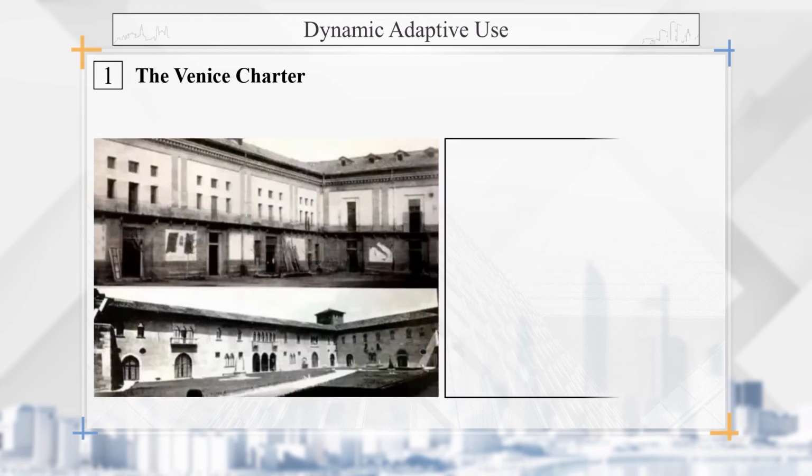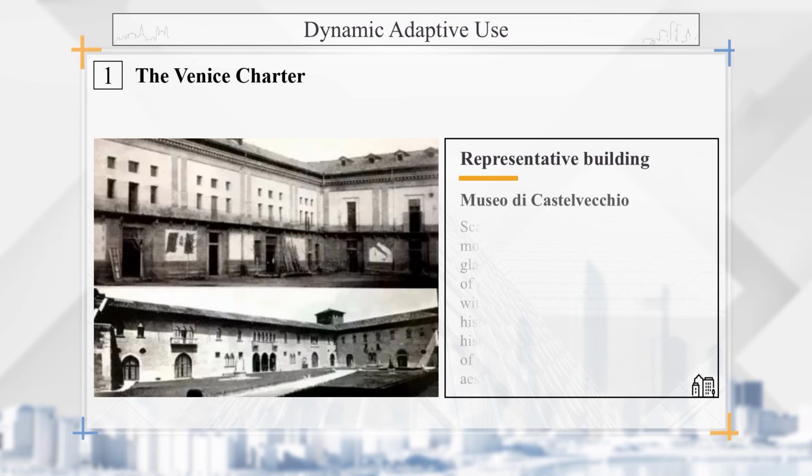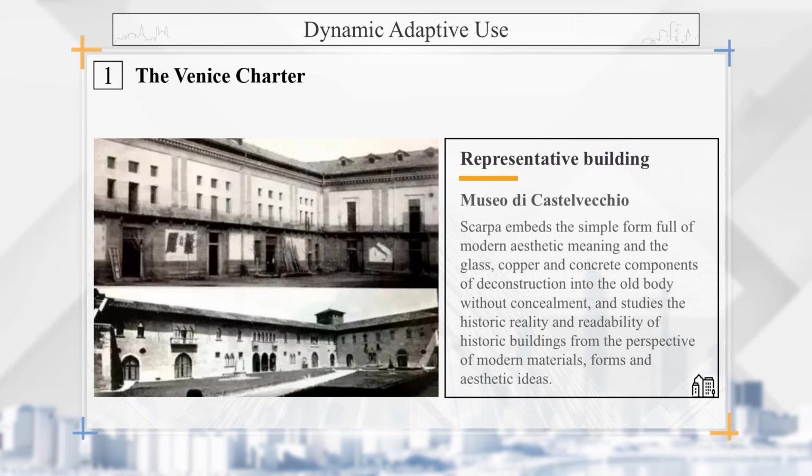We can see from the reusing projects of historic buildings, such as the Museum of the Ancient Fort Verona, that Scarpa embedded modern aesthetics and deconstructive glass, copper, and concrete elements into the old body, and the historical reality and readability of historic buildings are studied with modern materials, forms, and aesthetic concepts. Scarpa's design concept and technique have had a profound impact on the practice of the adaptive reuse of historic buildings.